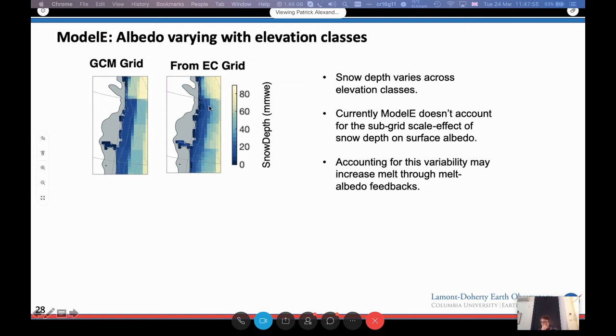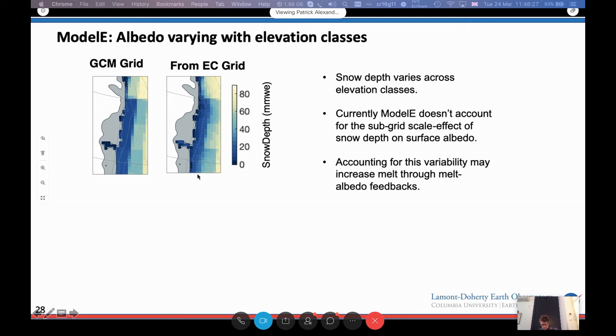So with the elevation class scheme, we're actually simulating the variations in snow depth, but we're not including the effect of that on surface albedo. So when we take the elevation class grid and reproduce that on a higher resolution grid, you can start to see the variation in more detail.